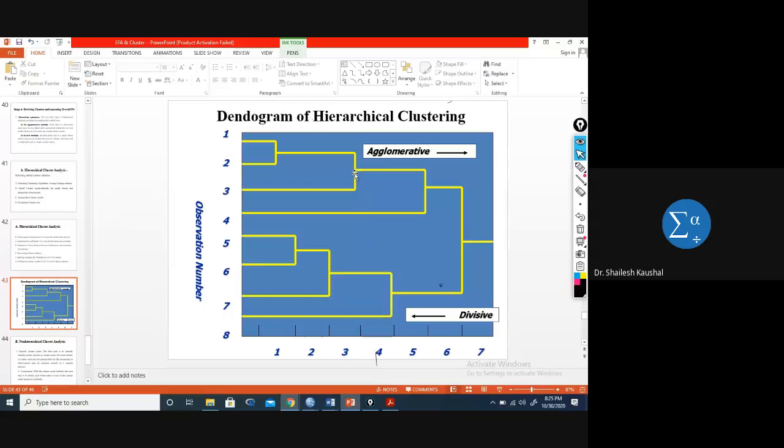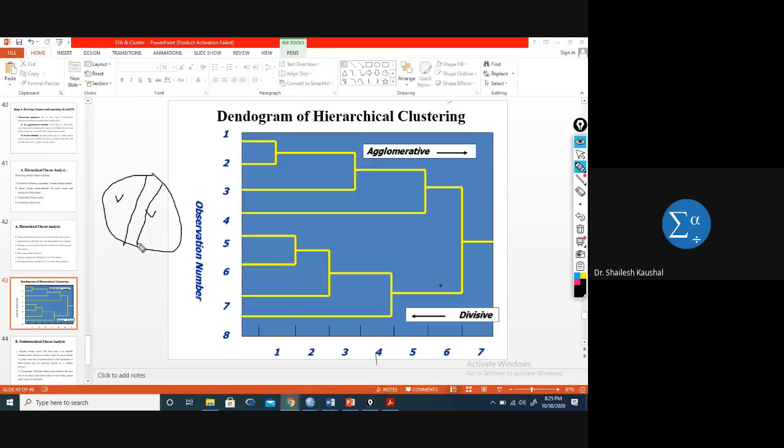So this is about agglomerative clustering. Then divisive means we take a single cluster, assuming all the people are the same, but first of all we divide into two, maybe 50-50%, these people are the same in this cluster and these people are the same, but different from each other.